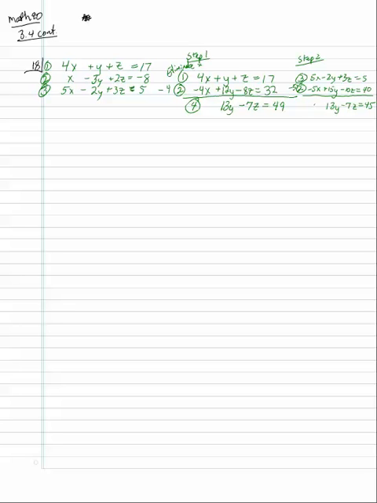Now step 3, I'm going to get rid of another variable using equation 4 and 5. So let's eliminate z. So I'm going to do -1 times equation 5.